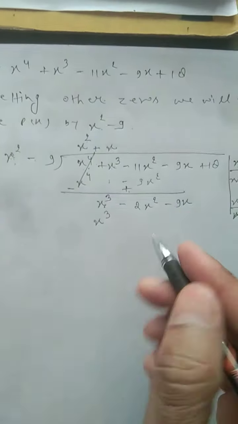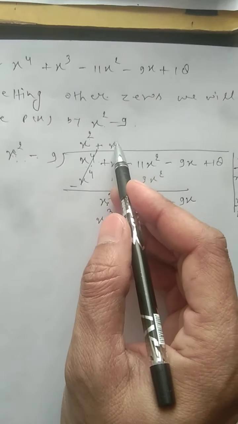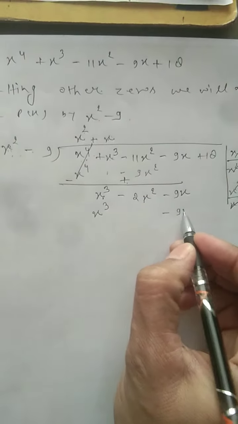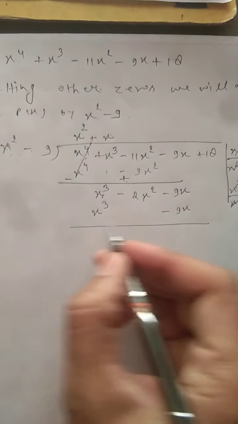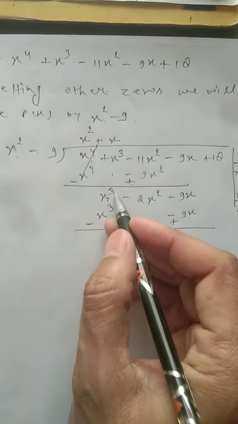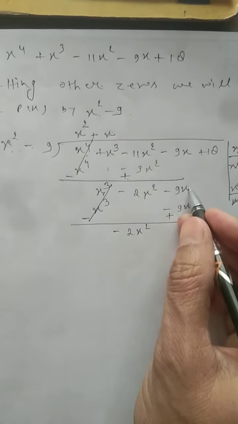Where will we write 9x? Not here, because its degree is 2; 9x has degree 1, so we write it here. Minus 9x, sign will change. This sign will not change because there is no operation. Cut, copy it: minus 2x square. We will also cut.